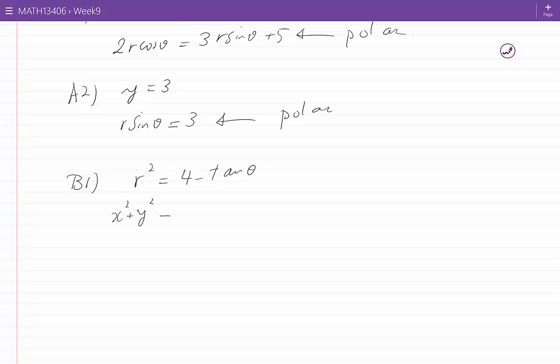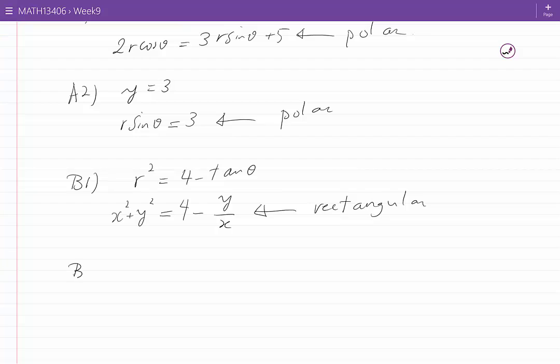On the right hand side, I will have 4 minus tangent of theta, which is y divided by x. In this new equation, we don't have any r or theta, and we've been able to replace r and theta by x and y. Therefore, we say that this equation is in the rectangular form.